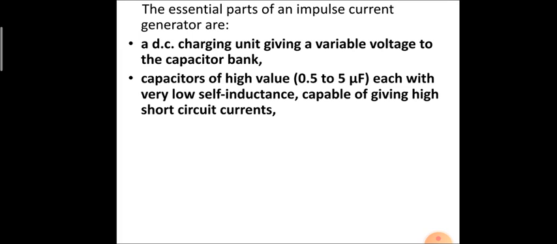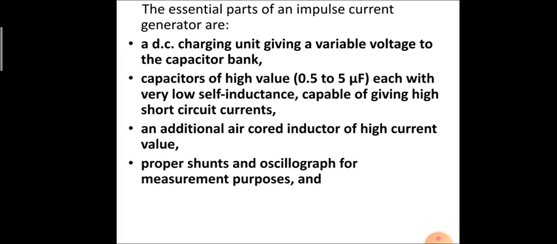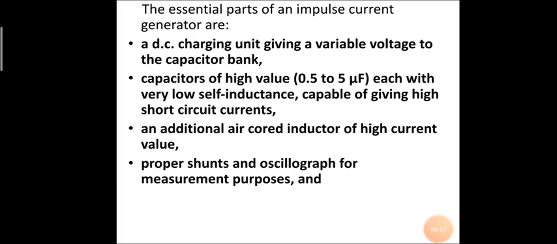I have an additional air cored inductor of high current value, proper shunts and oscillogram for measurement purposes, and a triggering unit. The triggering unit is required to trigger the spark gap for the initiation of the current generator. Okay, understood how we generate the impulse currents, right?